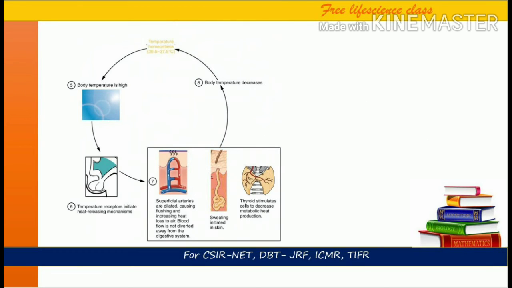So here in this picture you can see when temperature gets high, the temperature receptors initiate the heat releasing mechanism. That is, superficial arteries are dilated. So vasodilation is happening, causing flushing and increasing heat loss to air. Blood flow is diverted away from the digestive system. Sweating is initiated in the skin. Thyroid stimulates cells to decrease the metabolic heat production. So the body temperature decreases.